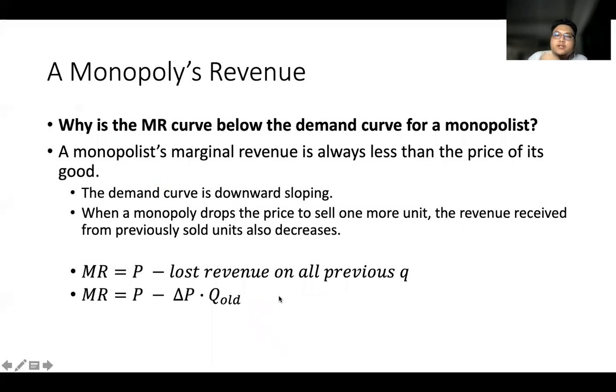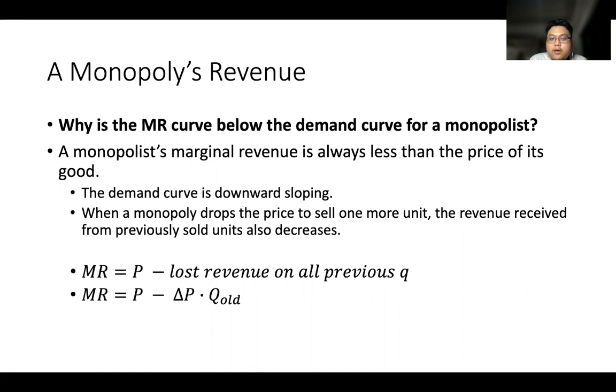Why is the marginal revenue curve below the demand curve? Because the marginal revenue for monopolies is always less than the price of its good, right? And we have the output effect and the price effect. When a monopoly drops the price to sell more units, the revenue received from previously sold units also decreases.